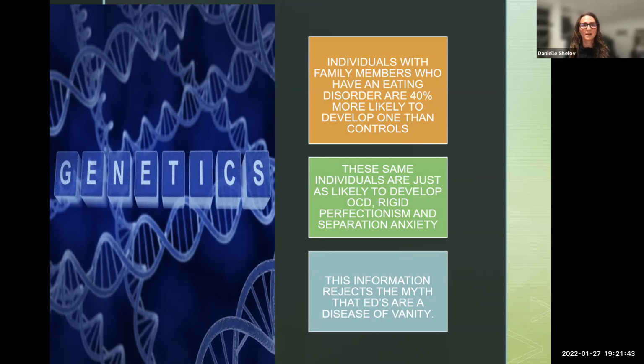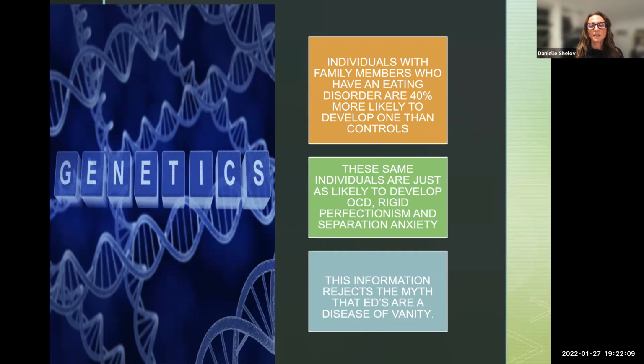So even if somebody you wouldn't think would have an eating disorder is something called genetically loaded for an eating disorder, the likelihood of them developing one is higher. So that's something we need to remember: just like depression, just like anxiety, just like schizophrenia, which is biologically based, eating disorders have a genetic component.